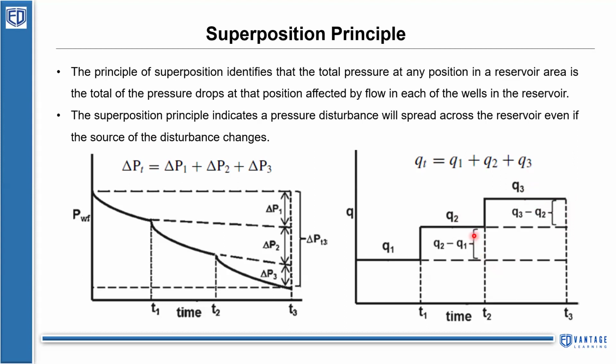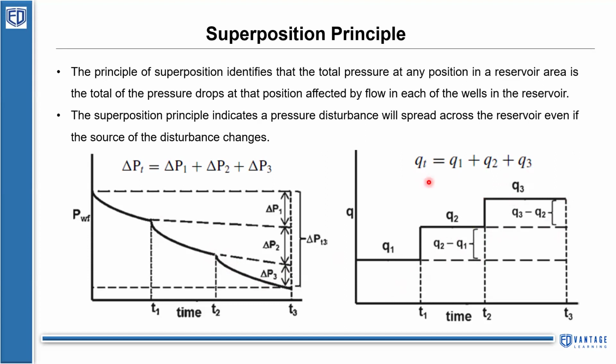And at Q2, you have Q2 minus Q1. So from Q1, the flow rate is multiplied because you are dropping the pressure by delta P2. Your flow rate is increasing from Q1 to Q2 with a factor Q2 minus Q1. Similarly, if you drop the pressure more by delta P3, your flow rate is increasing from Q2 to Q3 with a factor Q3 minus Q2.